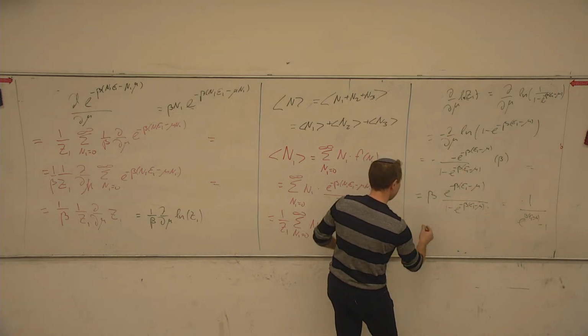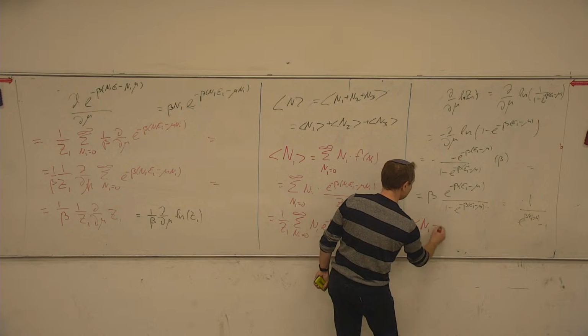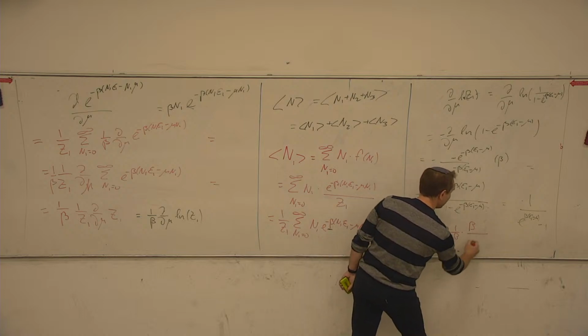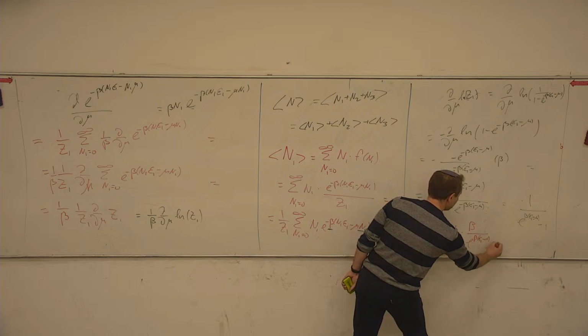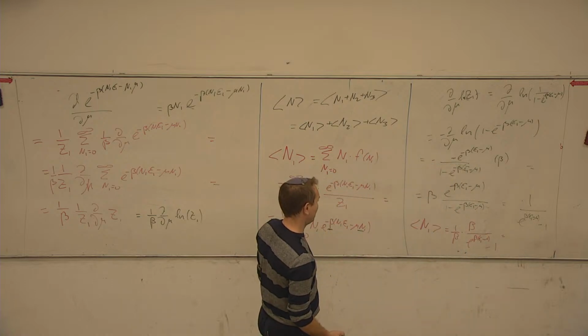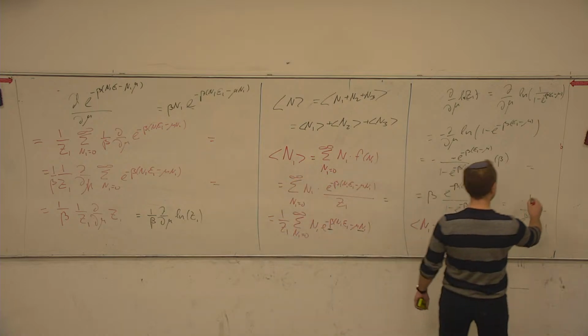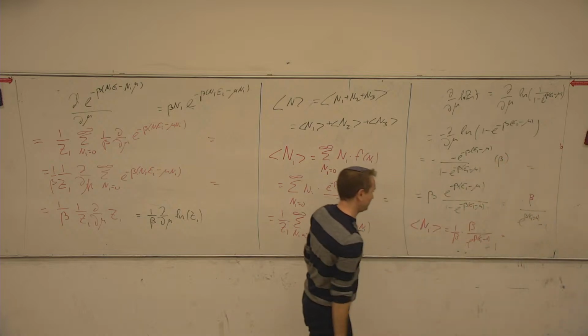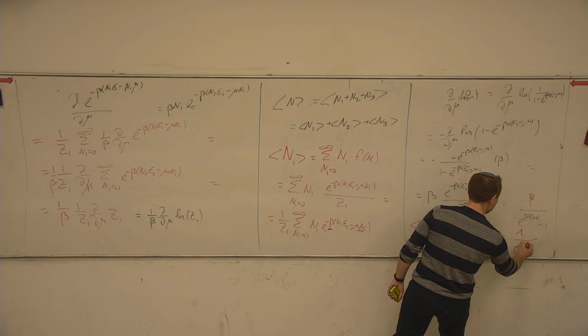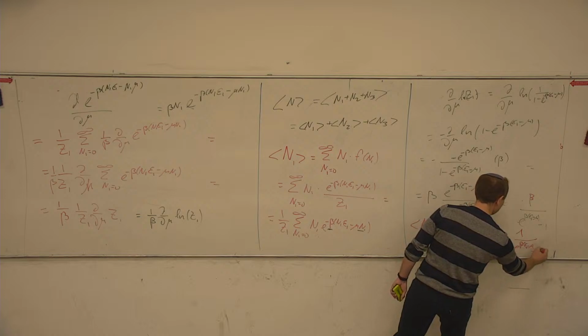So n1 average is 1 over beta multiplied by beta divided by e to the power beta (epsilon 1 minus mu) minus 1. I had a beta, yes. And now I have 1 over e to the power beta (epsilon 1 minus mu) minus 1.